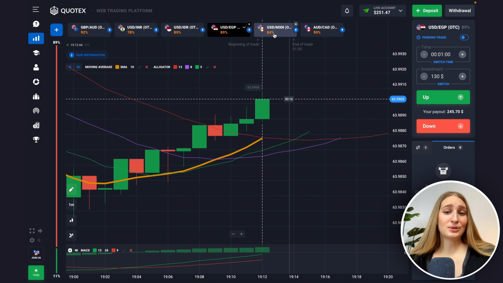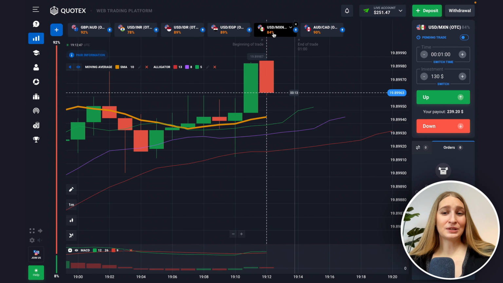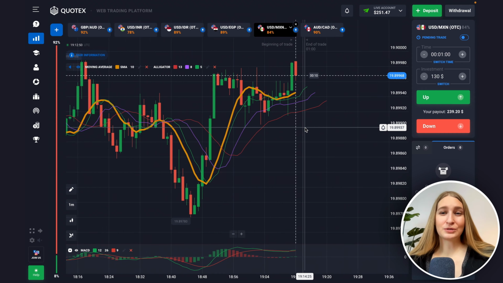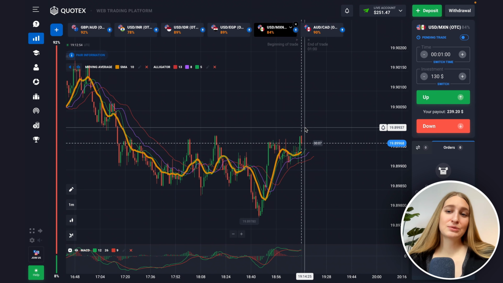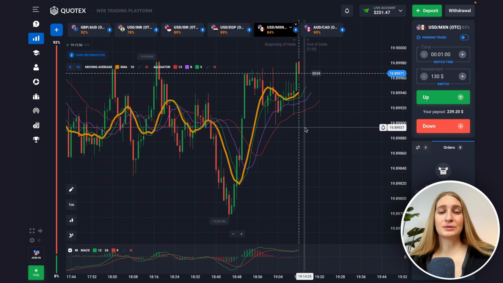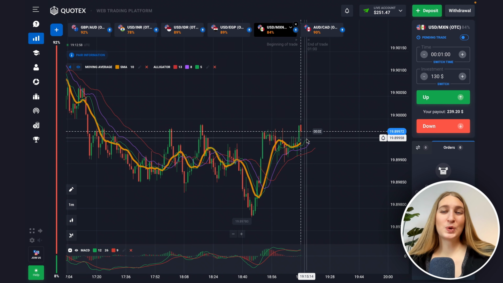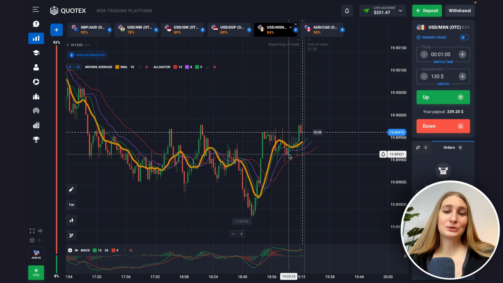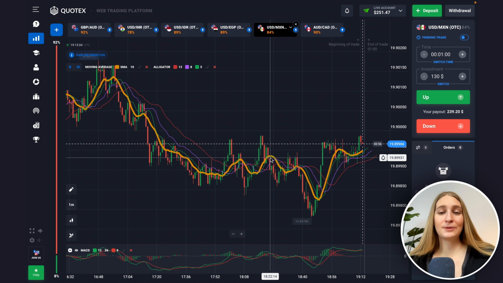Pretty good too. So guys, you can ask me when to trade the currency pair. When it is the most active, of course, when the countries whose currencies are included in the currency pair are trading. That is why it is important to choose a currency pair that will be active during the hours of your activity.